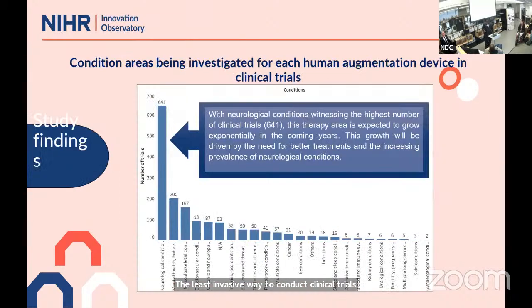And we also looked at the condition areas which we categorized using the NICE disease and condition areas.